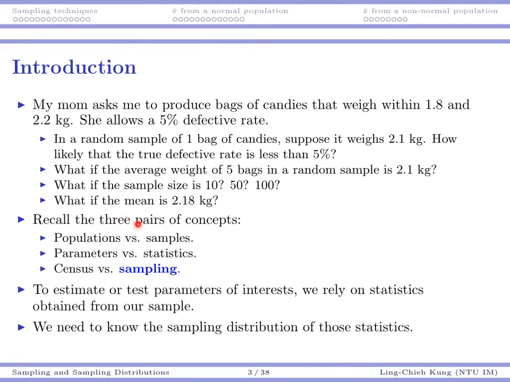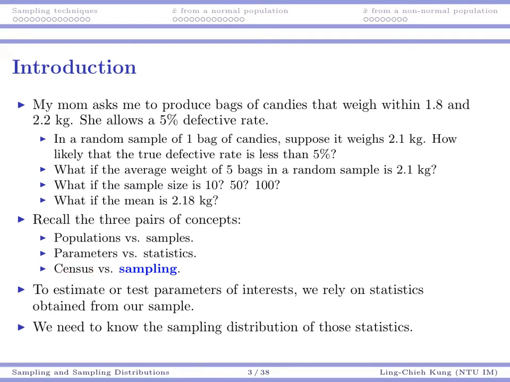Recall that we have 3 pairs of concepts introduced in the first lecture. If we want to study a population, we study a sample. This helps us get some statistics that can be used to estimate or test the parameters. That's going to require us to do sampling instead of census.